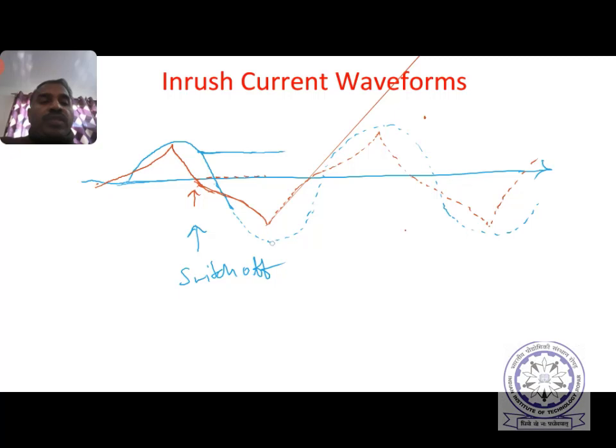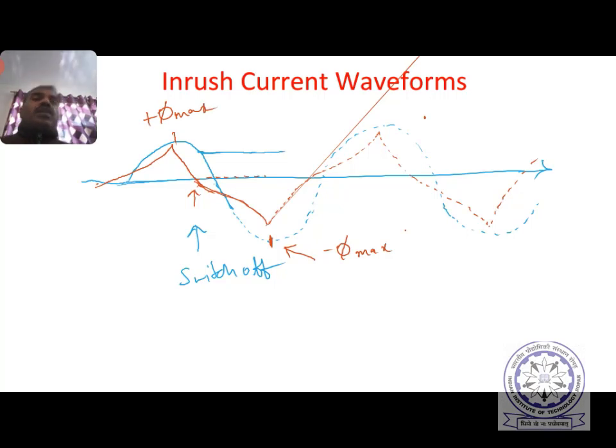I have switched it off here itself, but the sinusoidal voltage waveform is there. So again if I switch it on at this instant where the flux reaches negative maximum, as per the steady state, if it continued in the steady state, this would have been the situation. It would have been at its negative max, that B is at negative, phi is at minus phi max. So this is plus phi max.